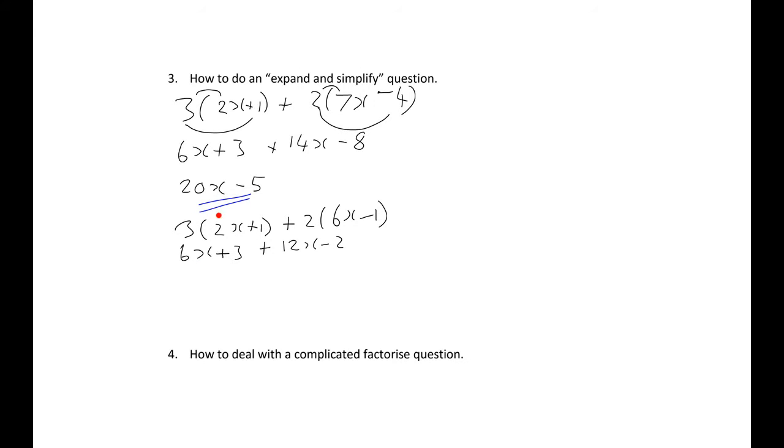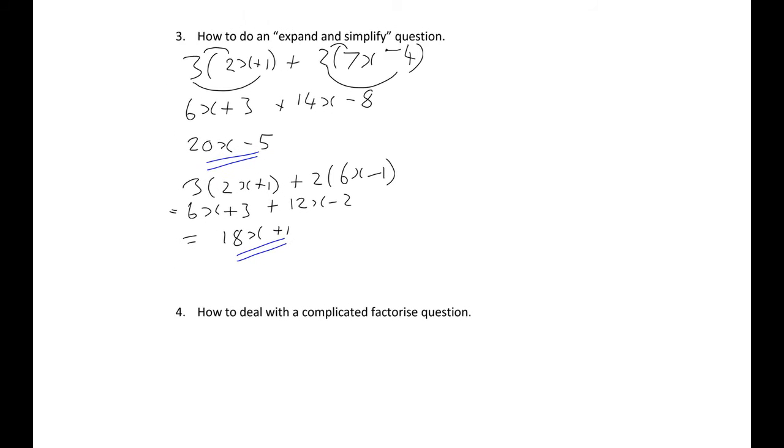So that's 3 times 2x is 6x, 3 times 1 is 3, 2 times 6x is 12x, 2 times minus 1 is minus 2. 6x plus 12x is 18x. Plus 3 minus 2 is plus 1. And that is that one done.